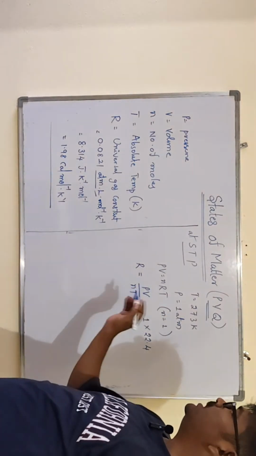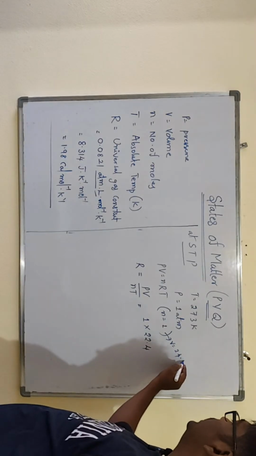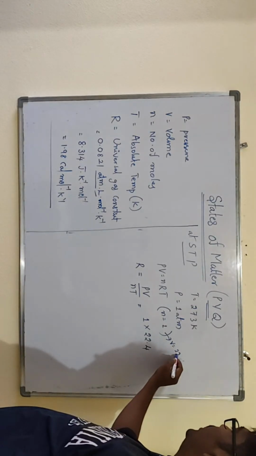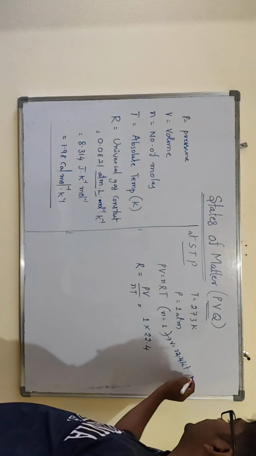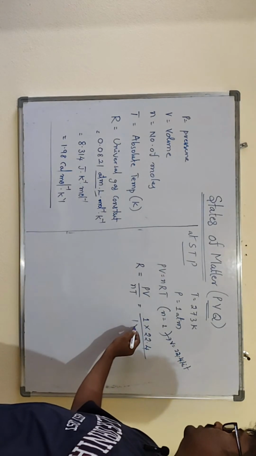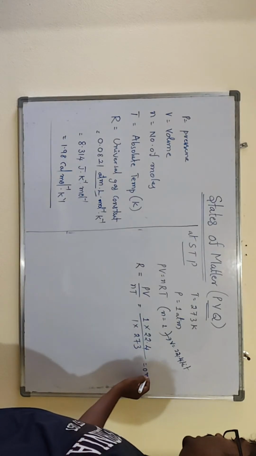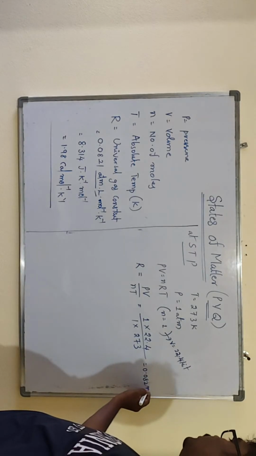At STP conditions, 1 mole of gas occupies 22.4 liters. So 22.4 divided by 1 mole and 273 Kelvin, you get 0.0821.